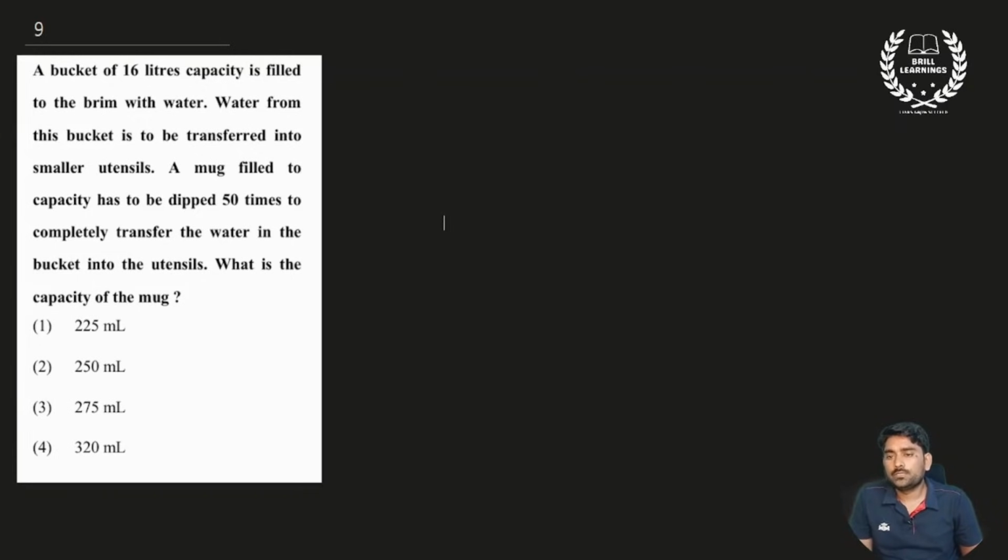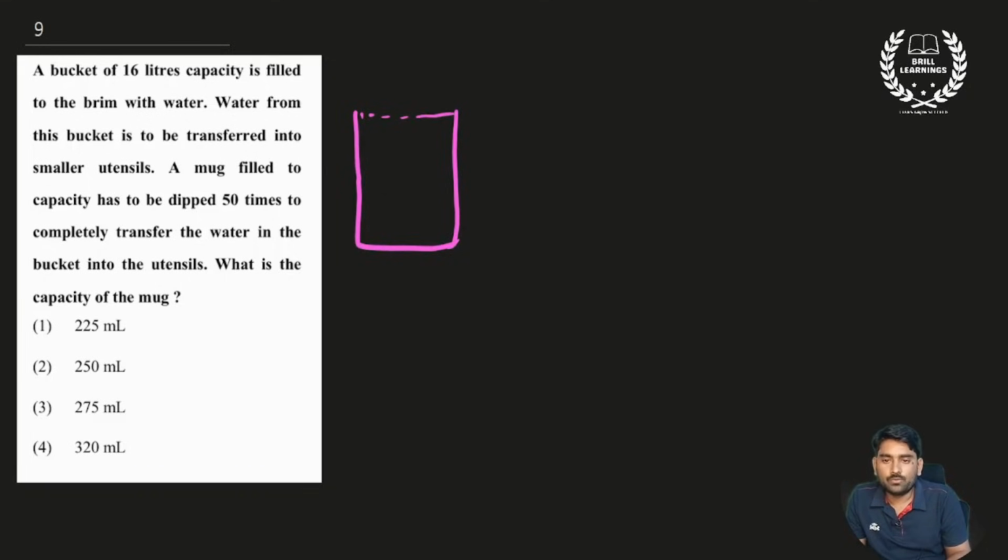In this question, a 16-liter capacity bucket is available. We have a 16-liter capacity bucket filled to the brim with water. We have another mug, but the capacity of this mug hasn't been given.